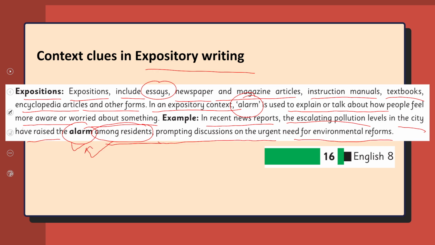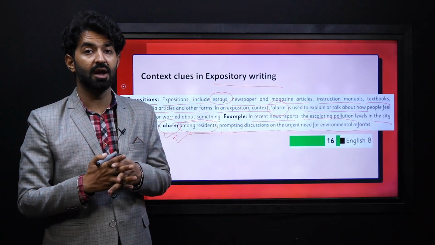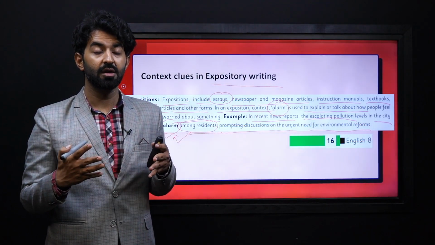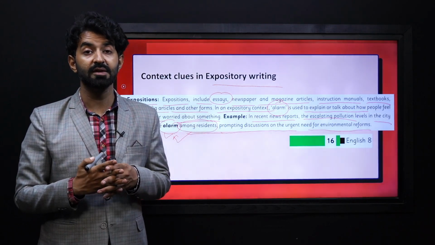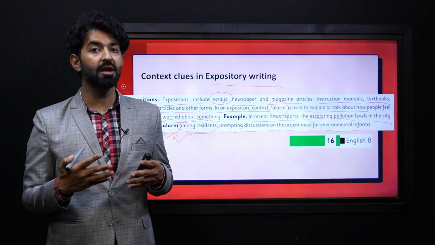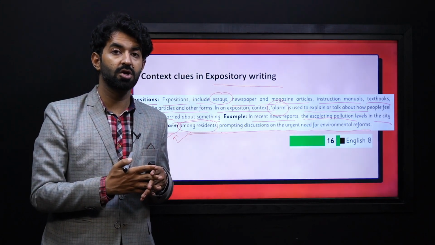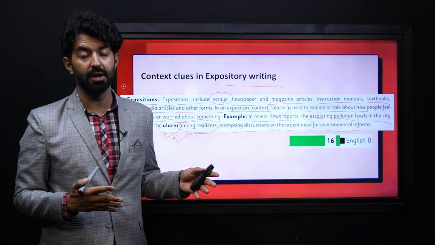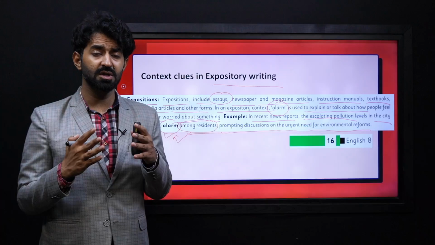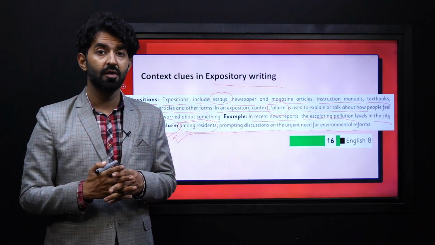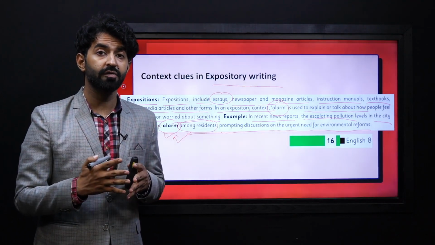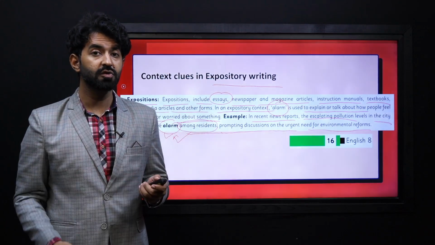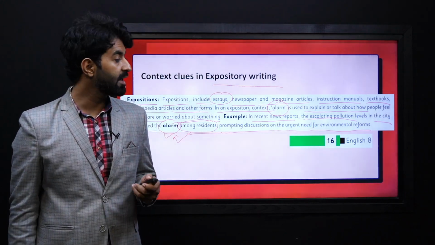So I will reach the conclusion that alarm is a feeling that has arisen in the residents. It is like a feeling. It is not like the technical term alarm that we read before in the previous slides. So in expository writing, in expositions, we can work out the meaning of an unfamiliar word by using such context clues.